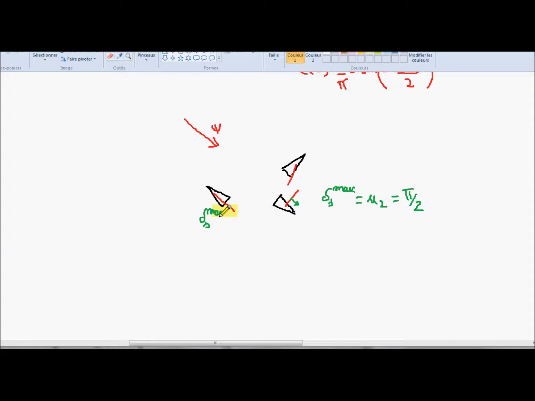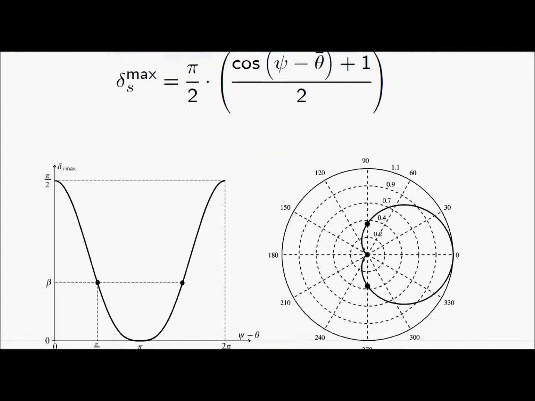What I have represented in this picture, this intuition, corresponds to the cardioid model. When psi equals theta, the cosine will be equal to 1, so it means that I want to go with the wind. The cos of 0 will be equal to 1, so I will have 2 divided by 2, and the angle will be equal to π divided by 2, as represented here.